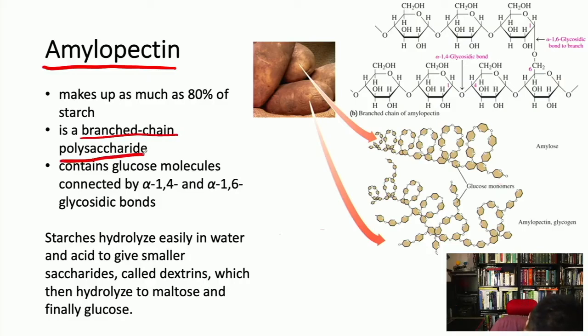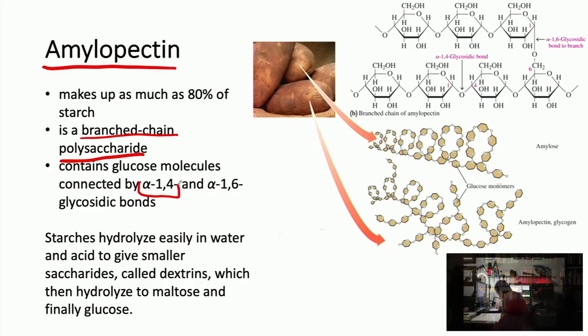Where the glucose monomers can be attached by either an alpha-1,4 or an alpha-1,6 glycosidic bond, right? The alpha-1,4 is when it's connecting via straight chain, and alpha-1,6 glycosidic bonds form when it branches off from the main chain.